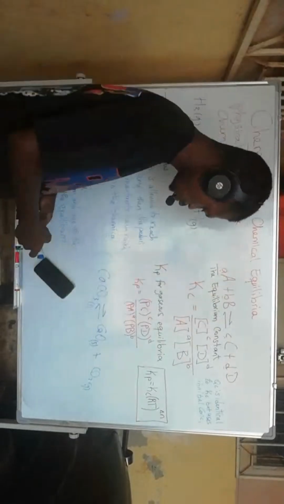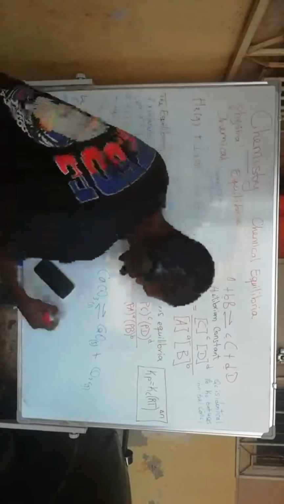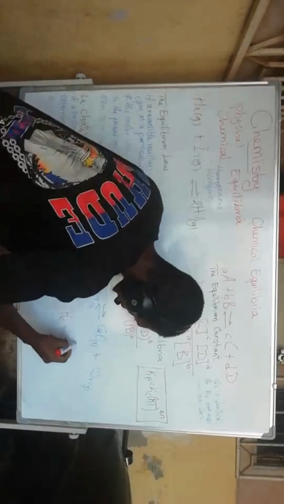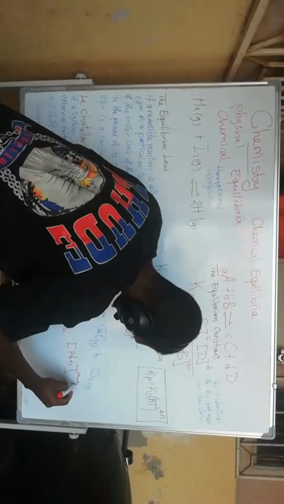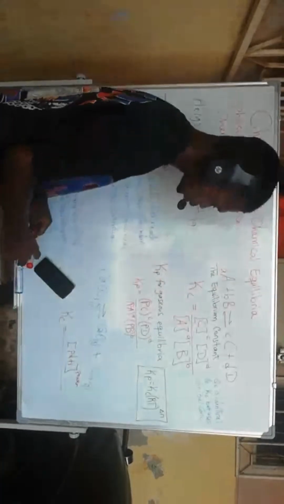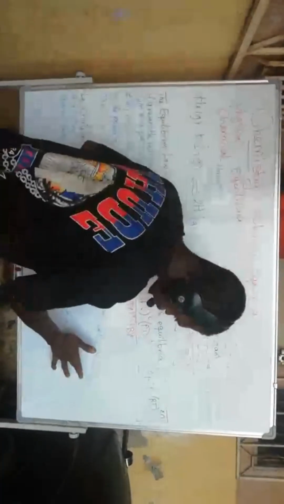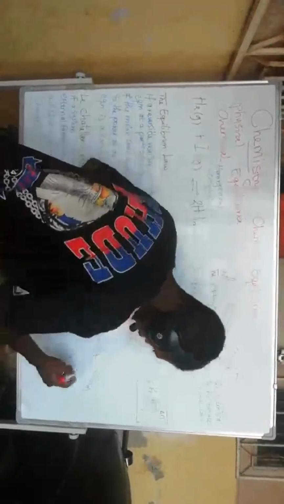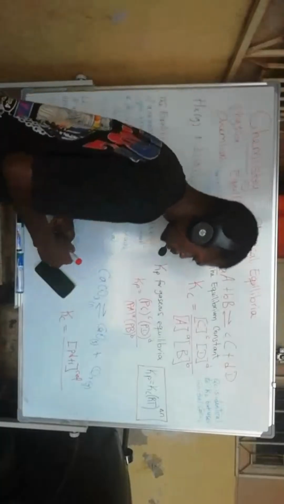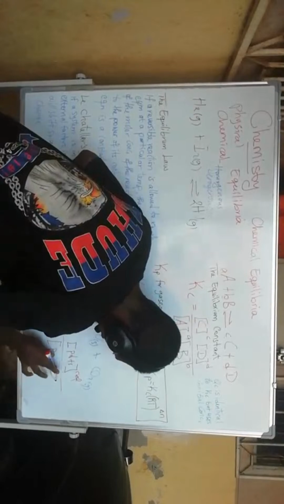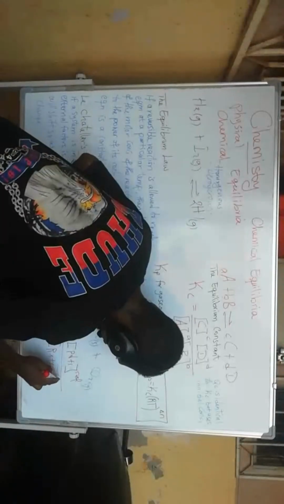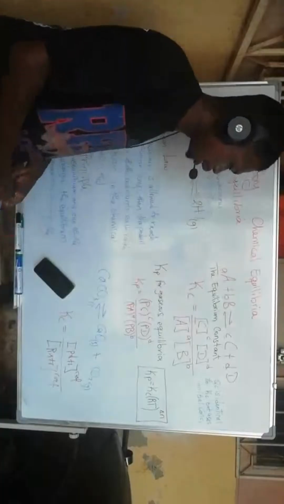So for short, how do you memorize this? It tells you that Kc is what? The concentration of products raised to the power of the coefficient of the products, divided by the concentration of the reactants raised to the power of their coefficients, the coefficients of the reactants.